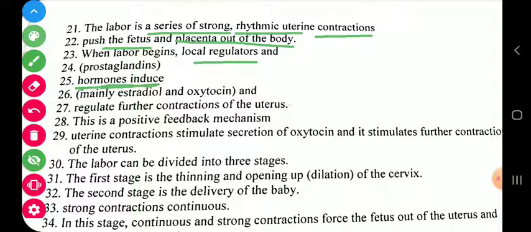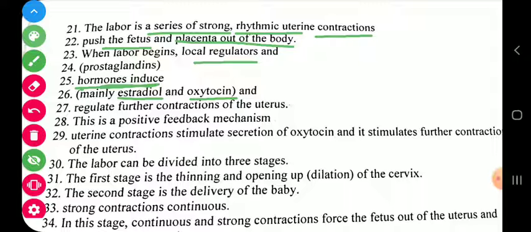Now when labor begins, local regulators and hormones are involved. What are the local regulators? Prostaglandins. And what are the hormones? Mainly estradiol and oxytocin. Remember those two.